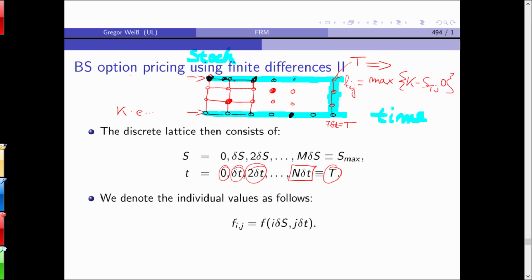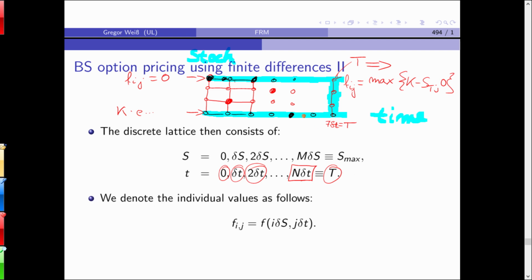And here we know that F_ij is equal to 0, because in the most upper line the option is worthless. If the stock price is 10,000, the option is worth nothing. So we do know quite a lot about this lattice. We know the highest points in the highest line and in the lowest line and in the last column. And this will help us, together with an assumption that we can substitute the partial derivatives by forward, backward, or central symmetric differences, then we can solve the Black-Scholes equation.